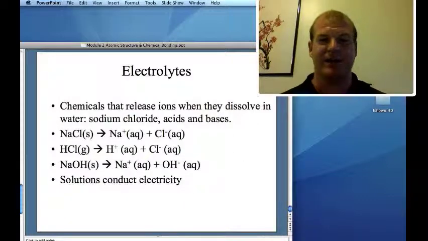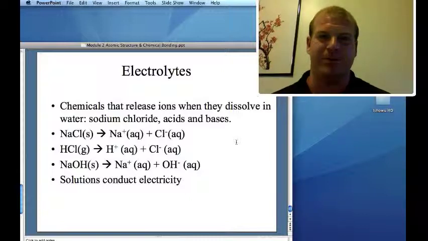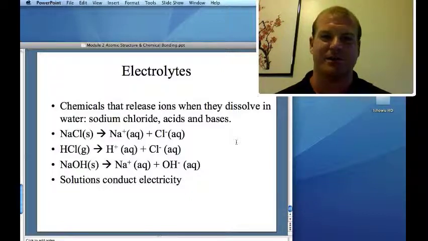And then ending here, electrolytes. Certain compounds, when you dissolve in water, will completely break apart, and they will be able to conduct electricity. So if you drink certain sport drinks, they say that there are electrolytes in them. What does it mean, electrolytes?